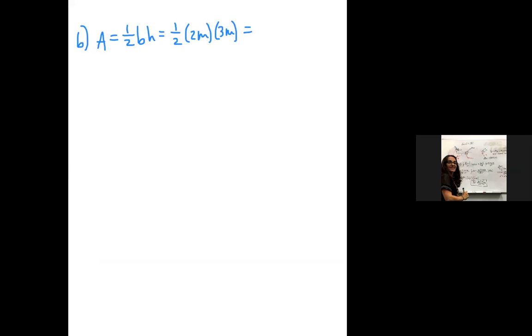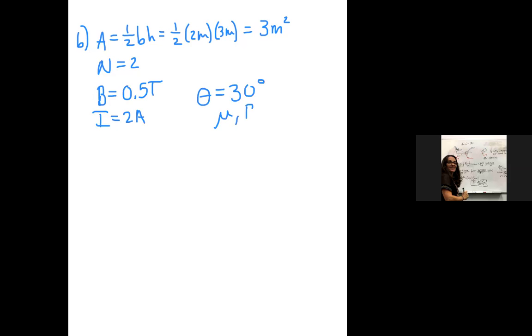It's 3 meters squared rather than the 6 meters squared for part A. Also, we only have 2 loops rather than 3, but we have the same exact B field. We have the same current, and we still have the same 30-degree offset between mu and B, and that's all in the picture.